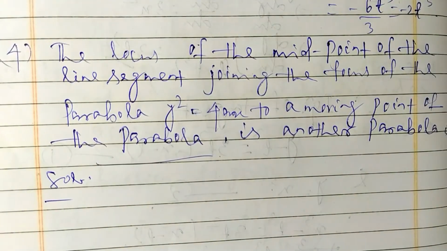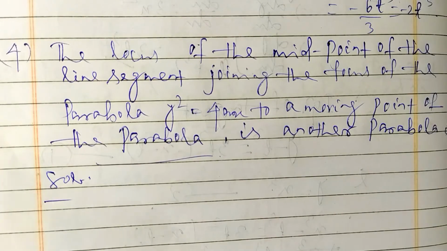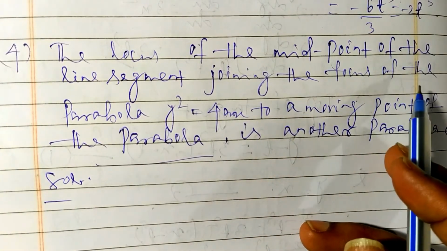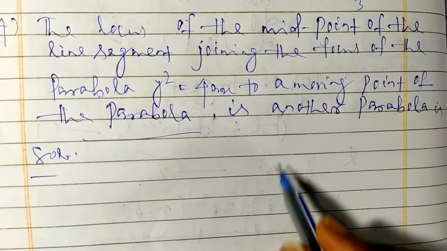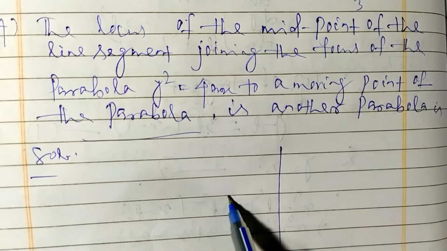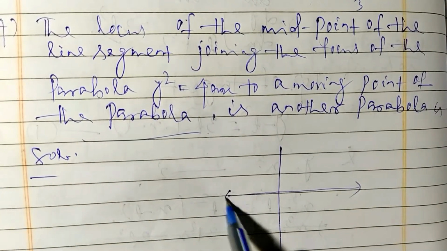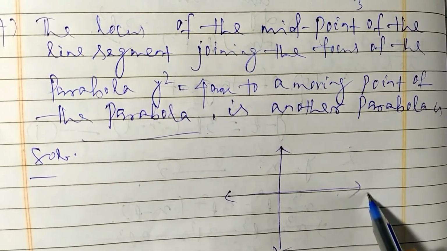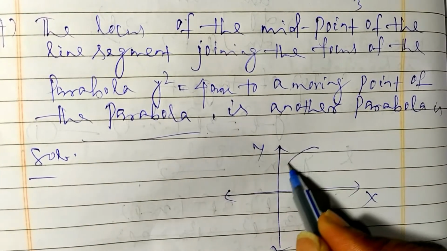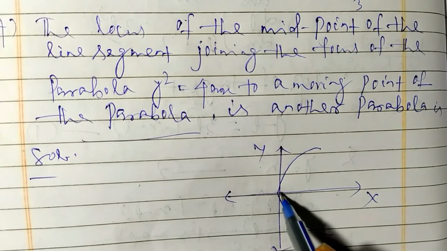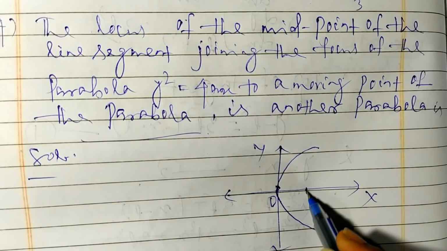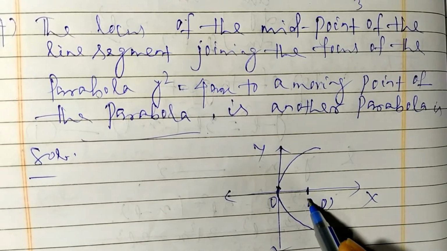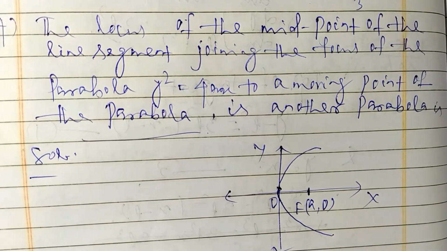Locus of the midpoint. That means we will find the path of the midpoint of the line segment joining the focus of the parabola y square is equal to 4x. The power of y is even, that means it is symmetric about the x-axis, with vertex at the origin, and here the focus will be (a, 0).